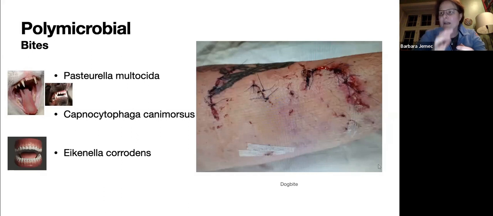And on average, about 2 to 20% of dog bites get infected. But if you look at hand dog bites, that percentage is much higher. Then with bites, you also have to think about Hep B and HIV, although the saliva that the HIV person bites you with has to be mixed with quite a lot of blood to get anywhere.